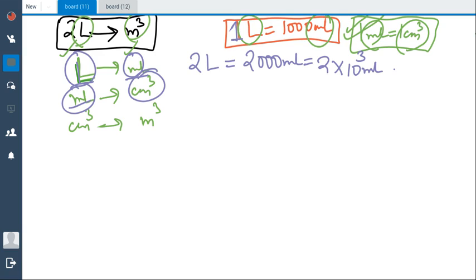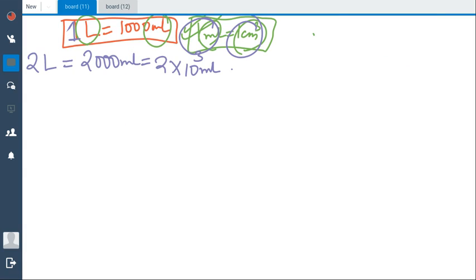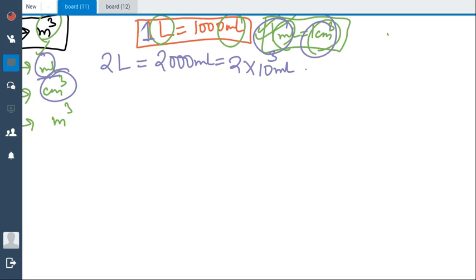If 1 milliliter is equal to 1 centimeter cube, then 2 into 10 raised to 3 milliliter would be equal to 2 into 10 raised to 3 centimeter cube.